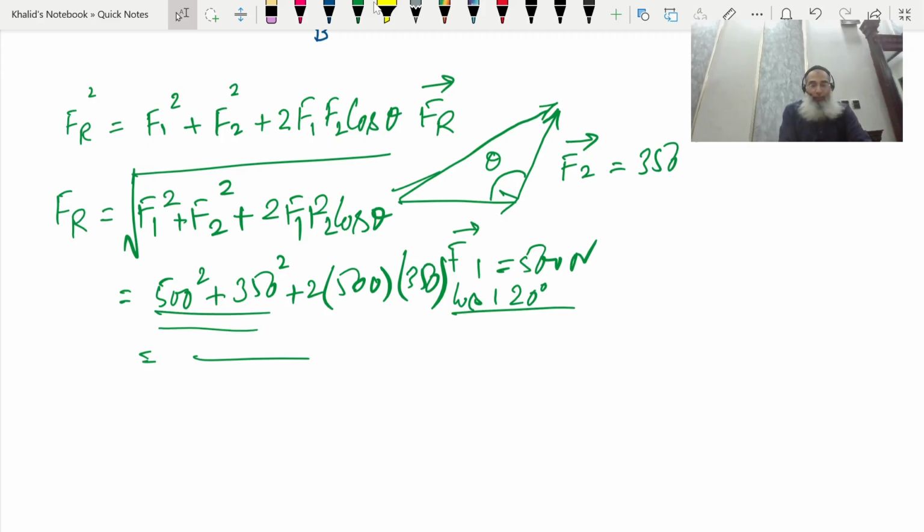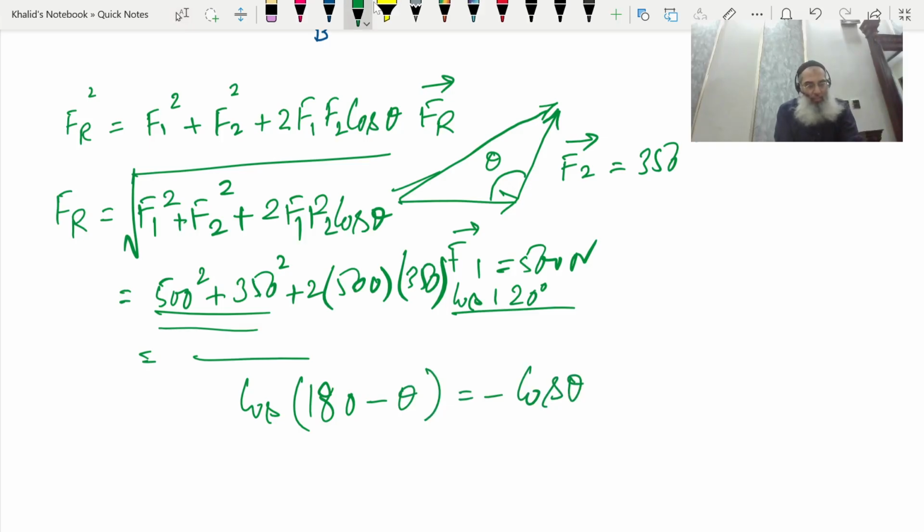But if the angle theta is less than 90 degrees, then this part will be added to these two squares, because cos of 180 minus theta is equal to minus cos theta. Okay.